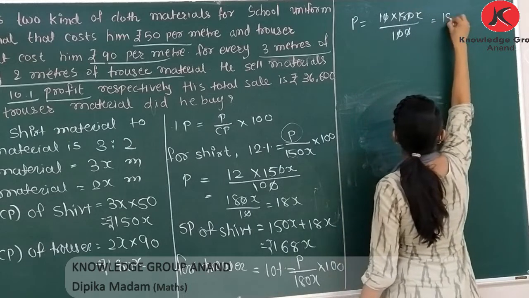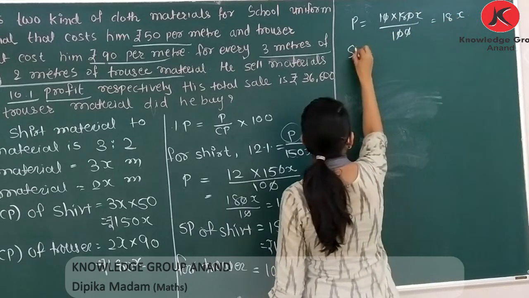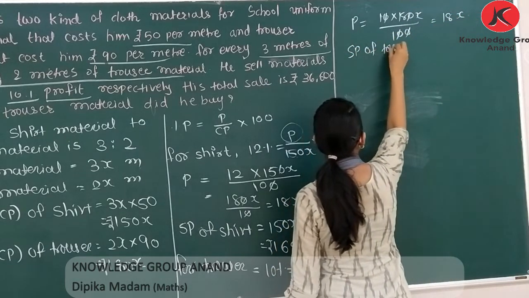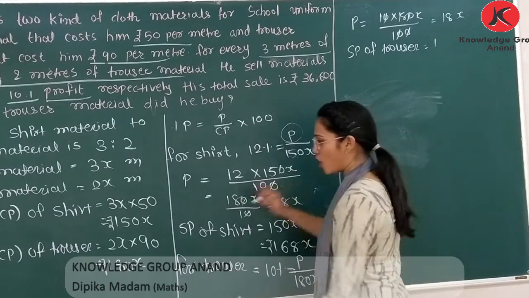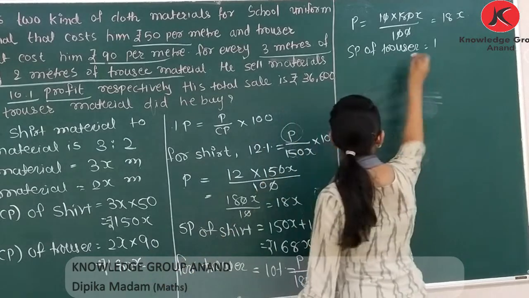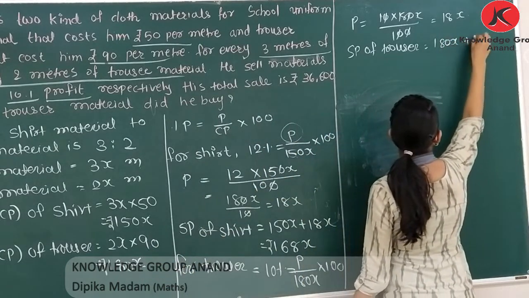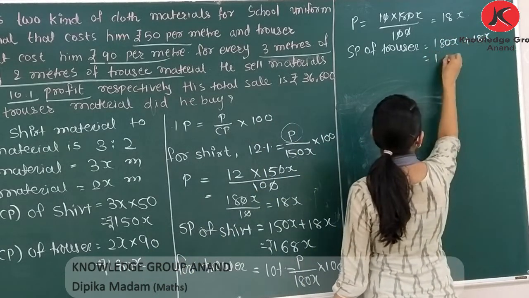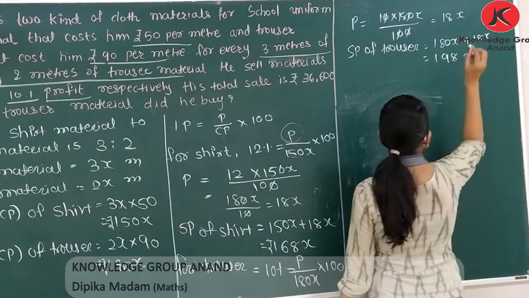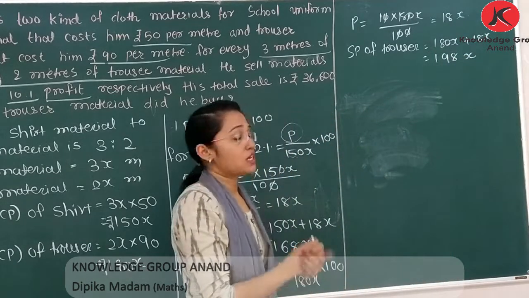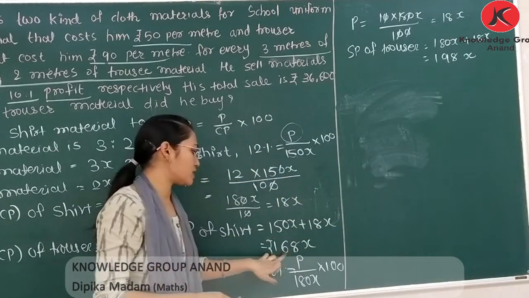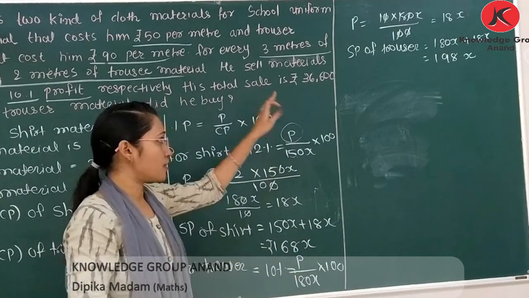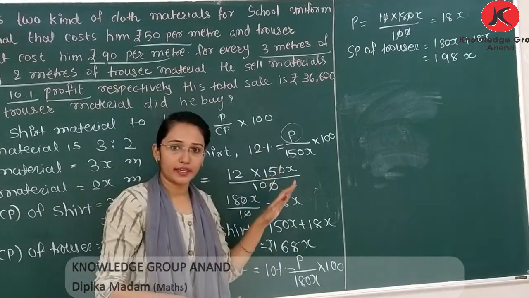That is again 18x, so the selling price of trouser is cost price 180x plus profit 18x, that is 198x. Now we have the selling price of shirt material, 168x, and the selling price of trouser material, 198x.